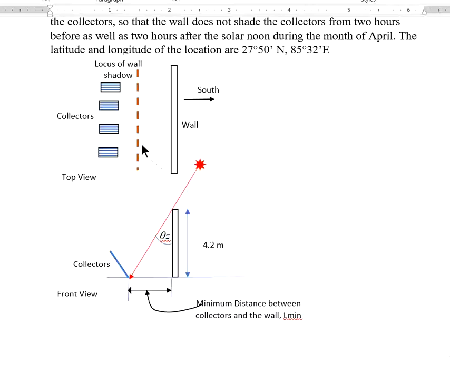Suppose this is the locus of the wall's shadow at noon; the shadow will not go beyond this perpendicular distance. If the sun is on this side, the length of the shadow will be like this, and if on the other side, like this. The length will be higher, but this distance will remain the same.